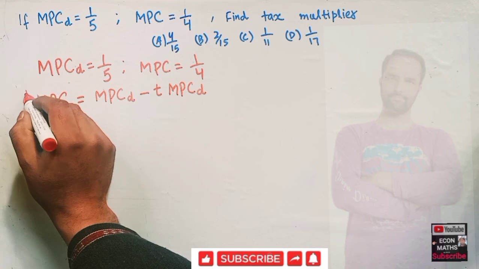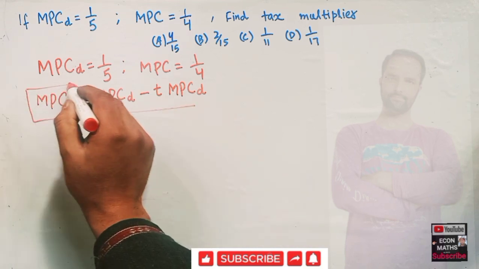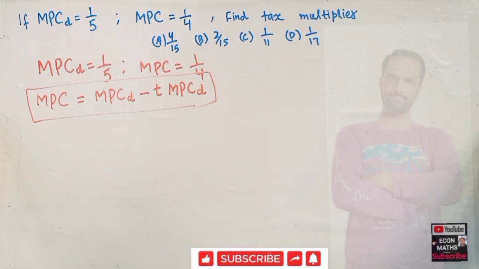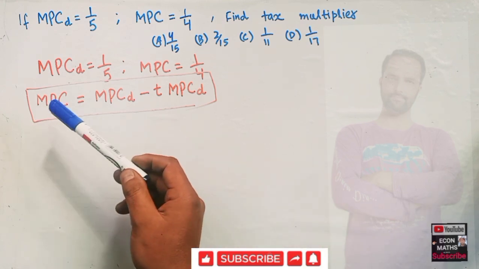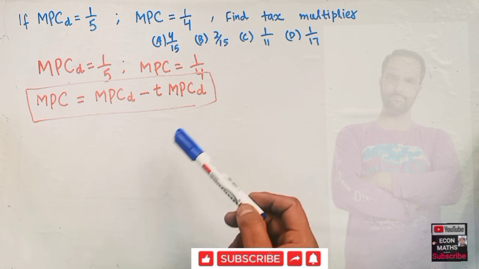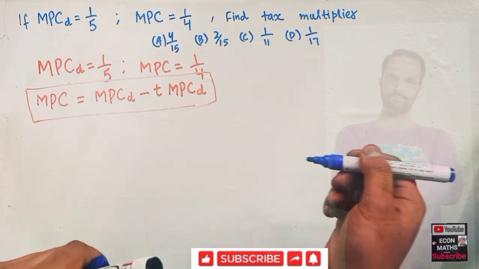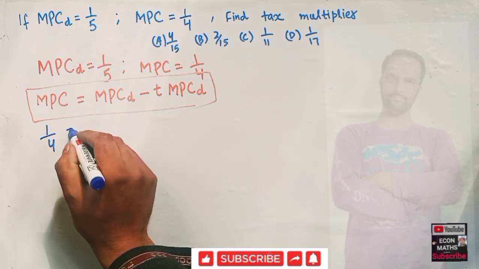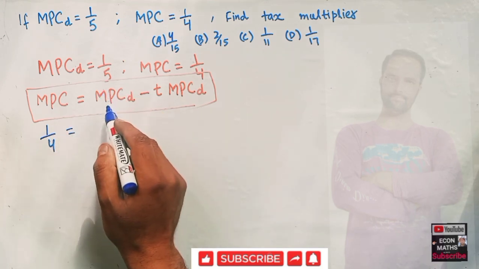This is the relationship between marginal propensity to consume of total income and marginal propensity to consume of disposable income. That means total MPC is equal to MPCD minus T times MPCD. So what is our MPC? MPC is 1 upon 4, is equal to this very thing.